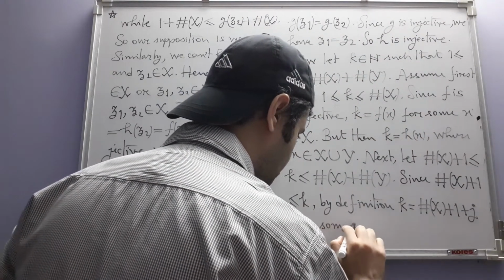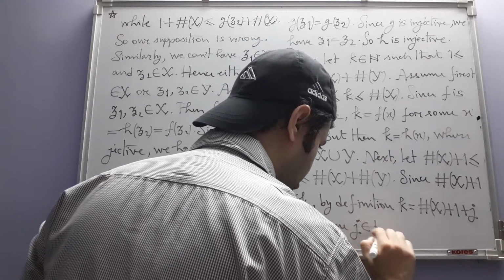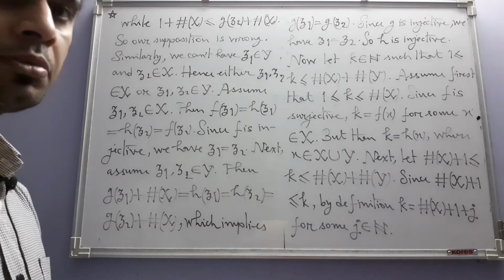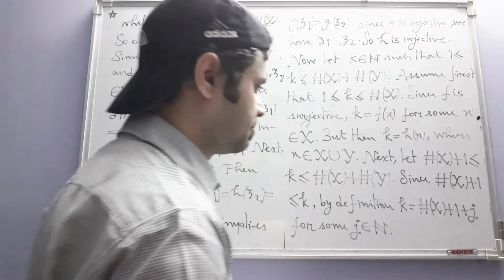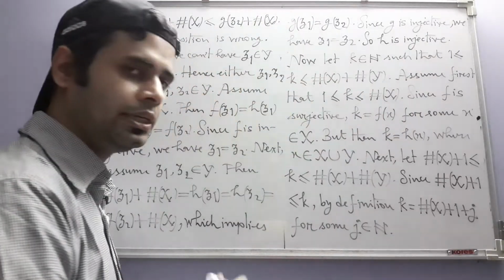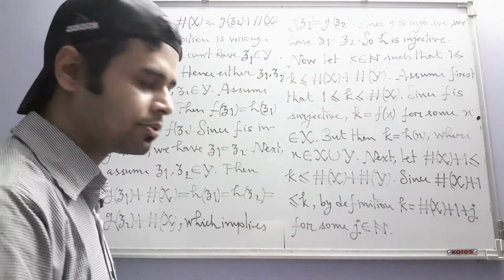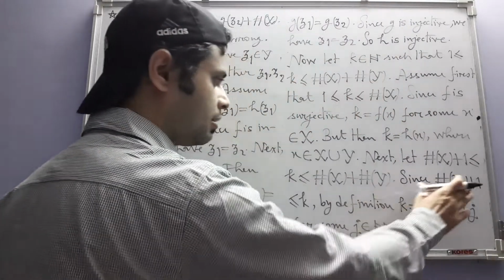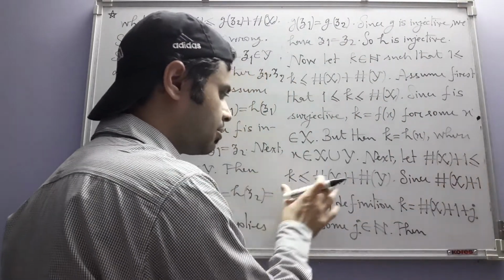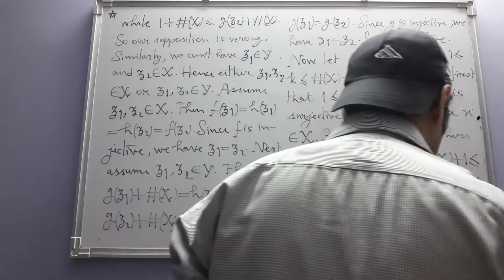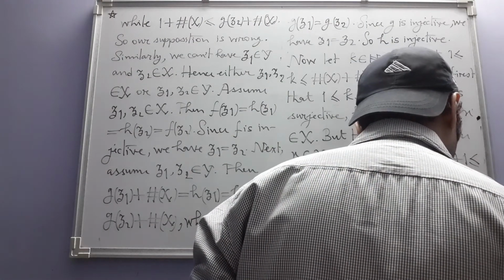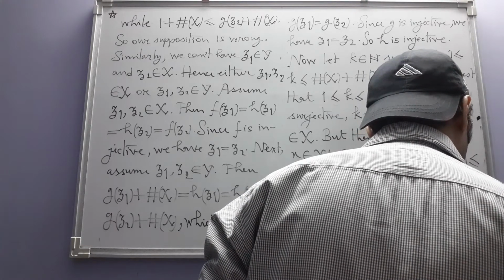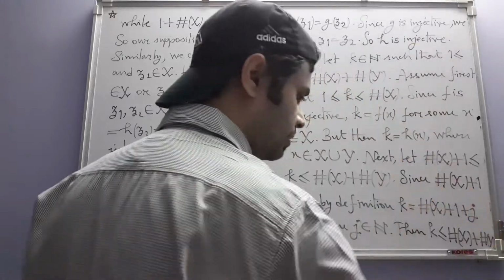for some natural number J. Now we have to decide what type of natural number J is. Definitely J, being a natural number, is greater than or equal to 0. However, besides the first inequality, we also have the second inequality.